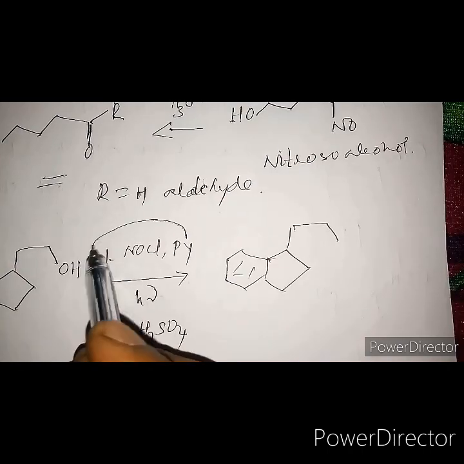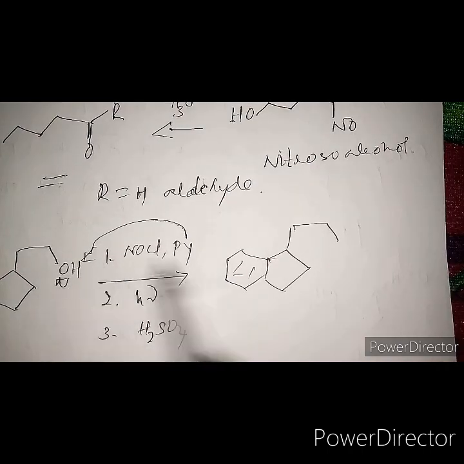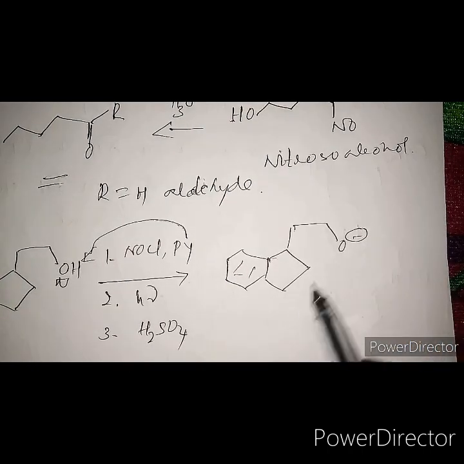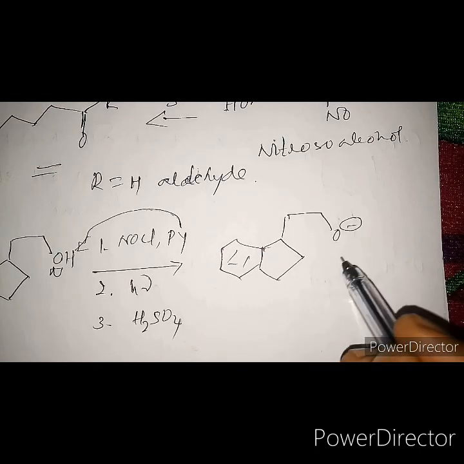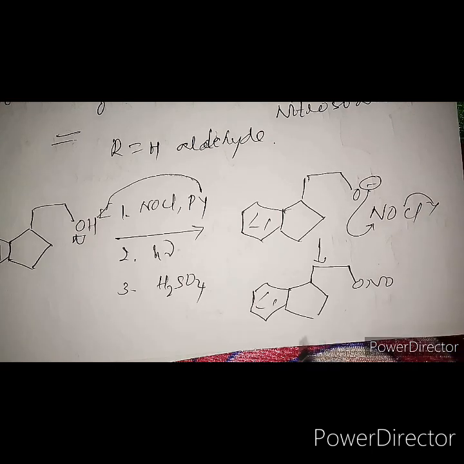Pyridine will abstract this H and create a negative charge, O minus. Now this O minus will attack the nitrosyl chloride and eliminate Cl minus. So we will get the nitrite, an O–NO group.